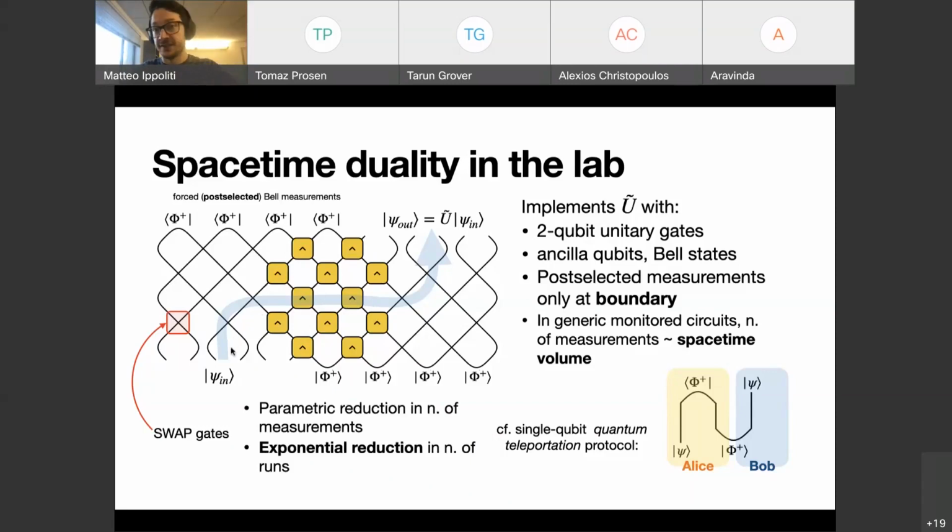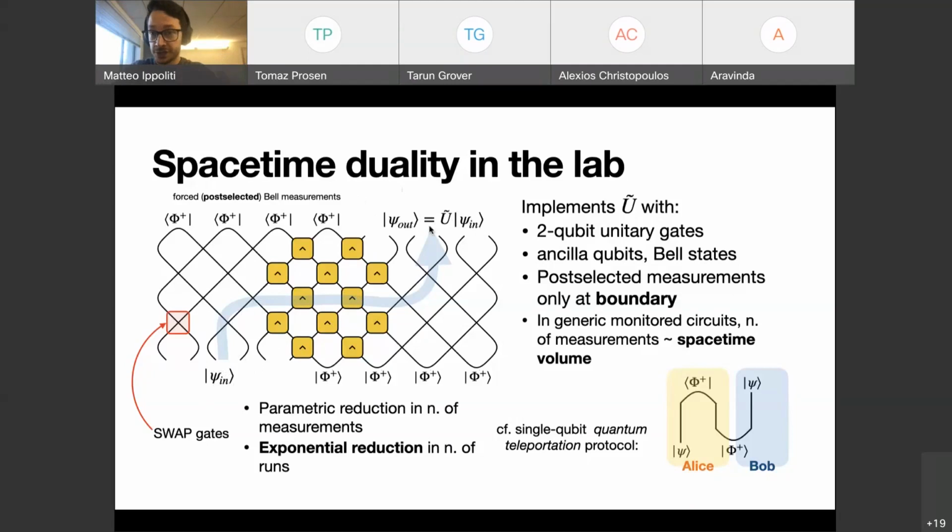So yes, if you realize this evolution in the lab, you are able to prepare and send some input state through your circuit in this spatial direction and obtain your output on your quantum simulator at the same time.